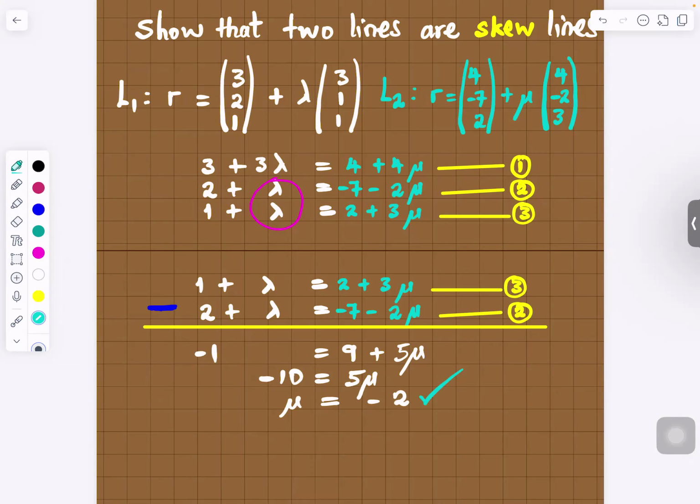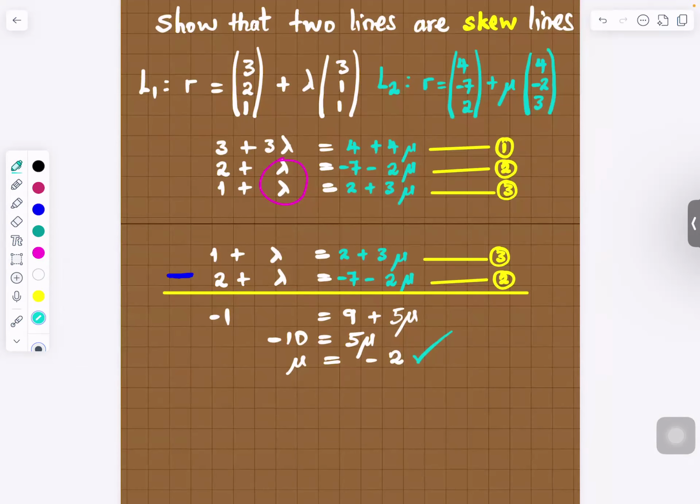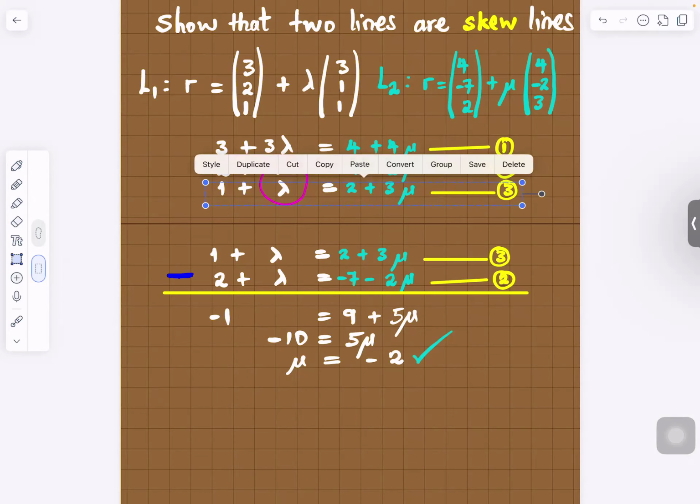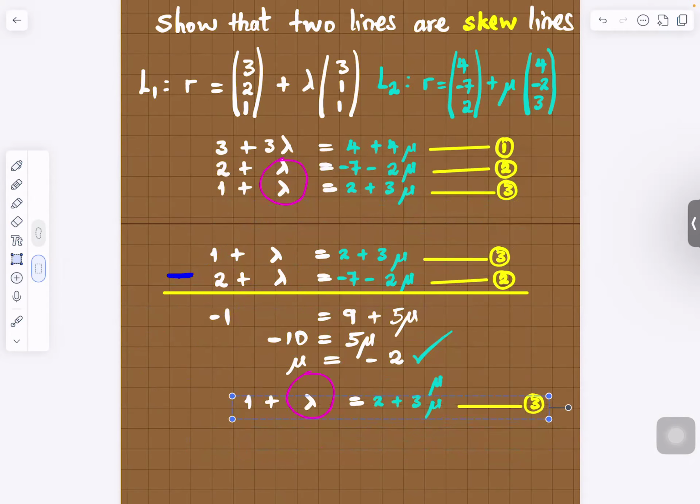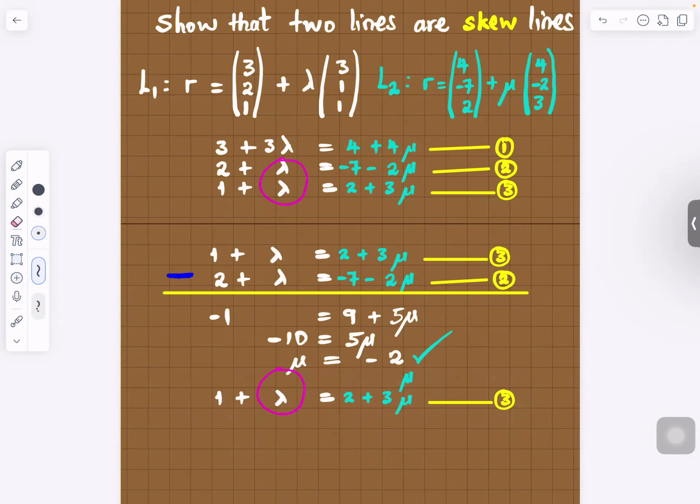So we take that minus 2, and substitute mu is minus 2 into equation 3, to find lambda.